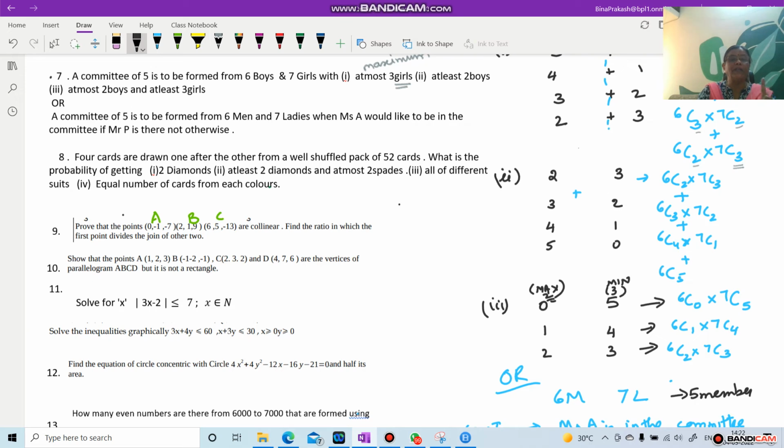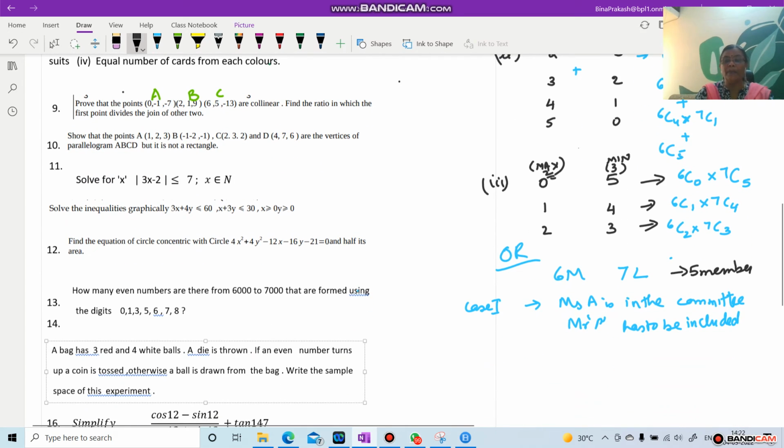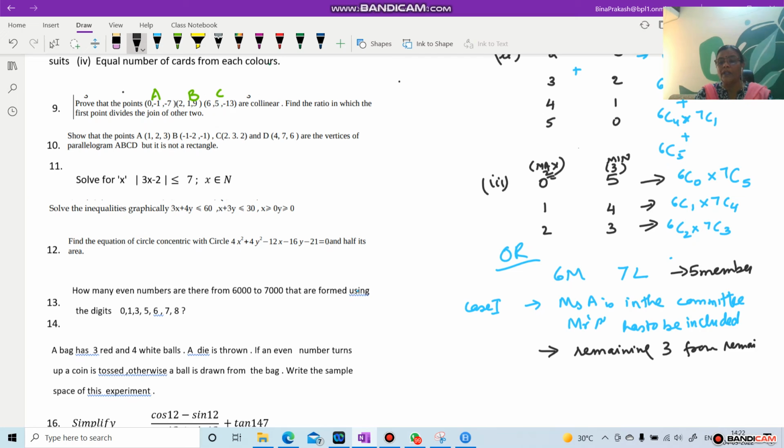The condition is only on A and P. So we take the remaining 3 from the remaining 13 minus 2, that is 11 members. This is done in 11C3 ways.